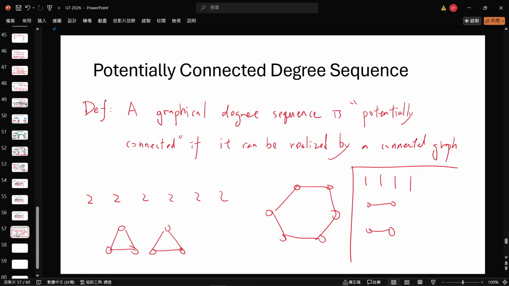But for potentially connected degree sequence, given that we already know the degree sequence is graphical, so that's our assumption, we don't have to check it. We know that it is graphical for sure. But we want to test whether it is potentially connected. So it turns out that given a graphical degree sequence, to test whether it is potentially connected, it's very simple.